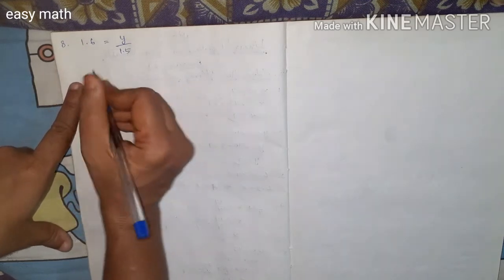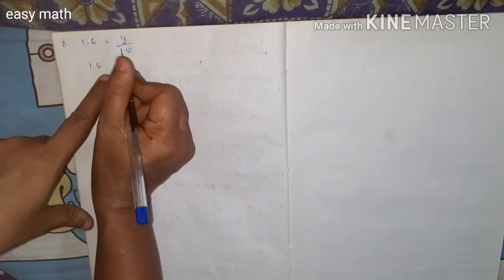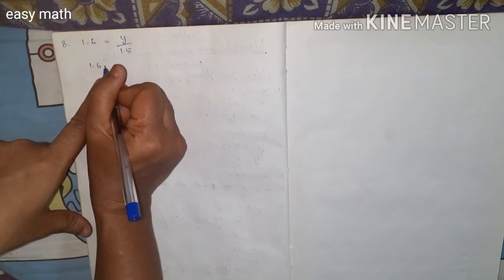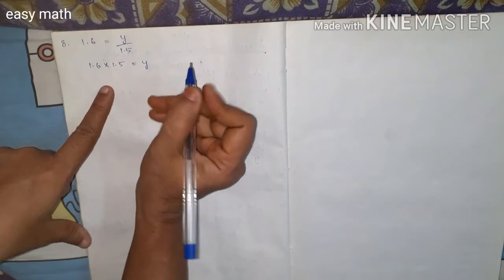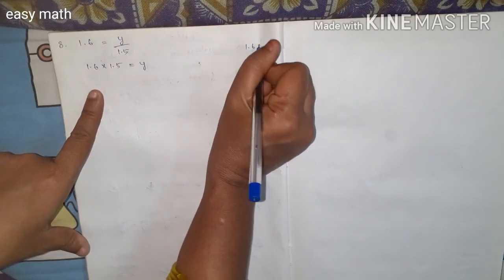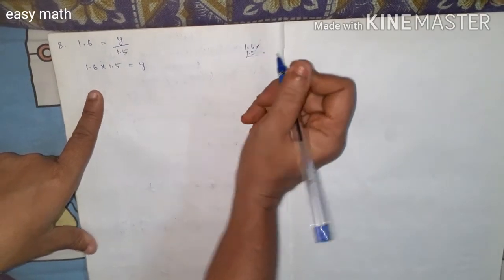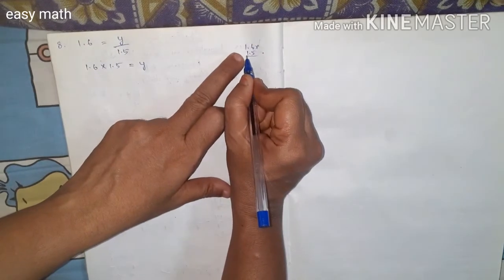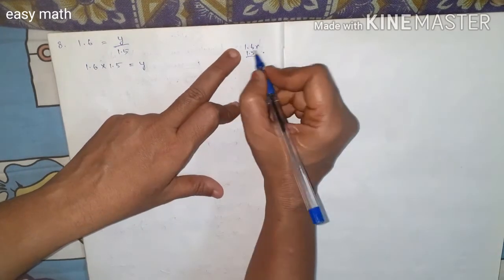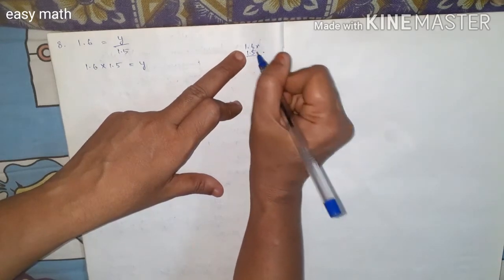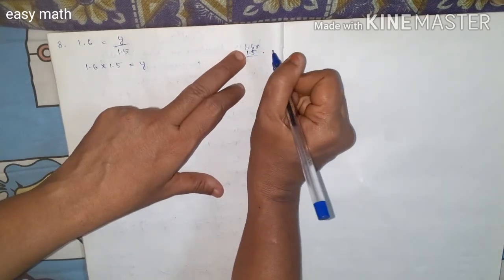So 1.6 into 1.5 equal to y. 1.6 into 1.5 means 15 into 6. 15 into 6, okay, I will tell you. 90.